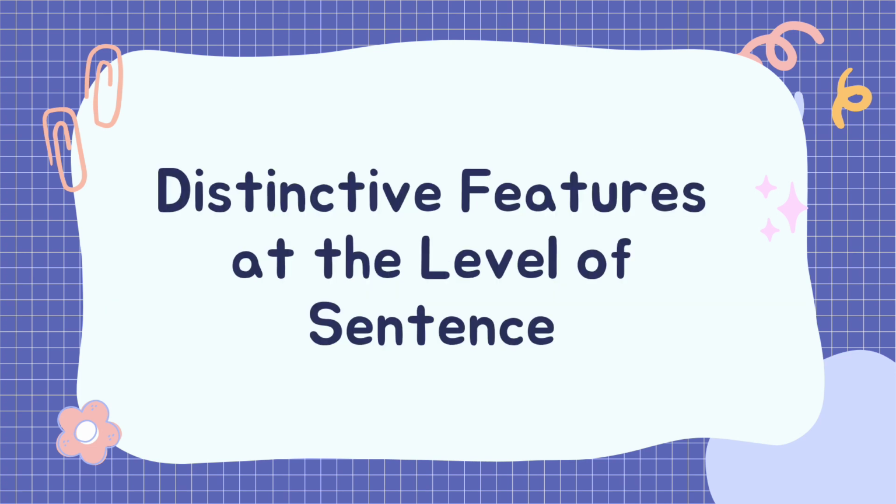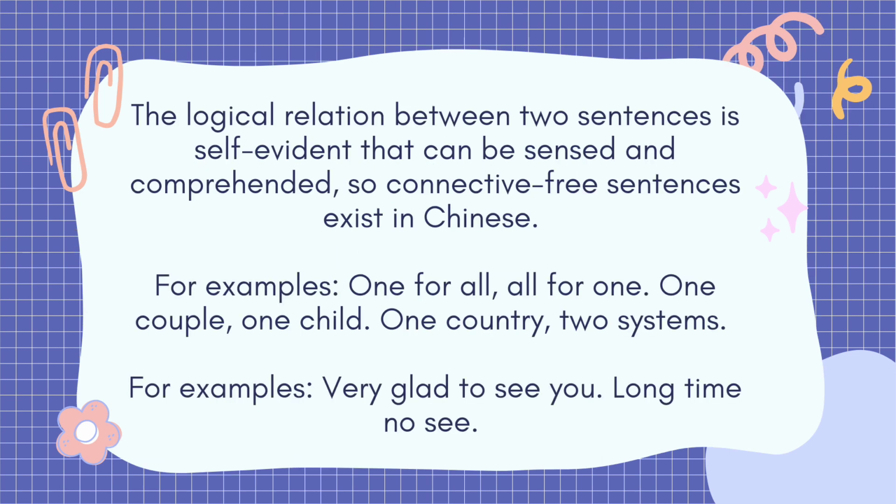Proceed to the distinctive features at the level of sentence. Different languages have different sentence structures that can achieve the same aesthetic results, since beauty is not a quality but an effect. Different languages have their own way to pursue beauty.